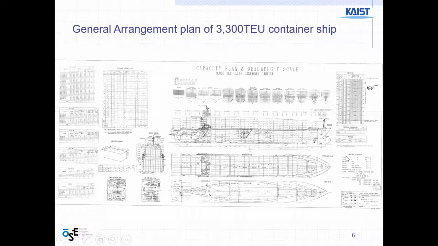And the others are many numbers showing the room size and cargo capacity of each room. Complicated, right? But it is one of the main drawings to design and build a ship.